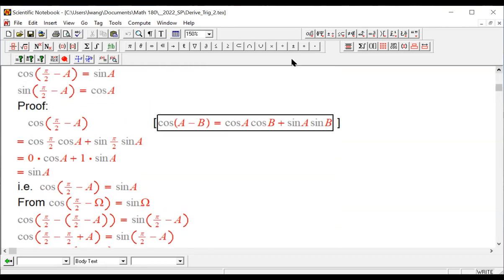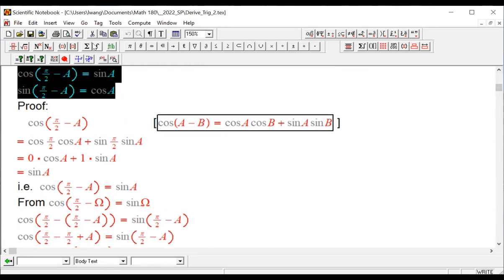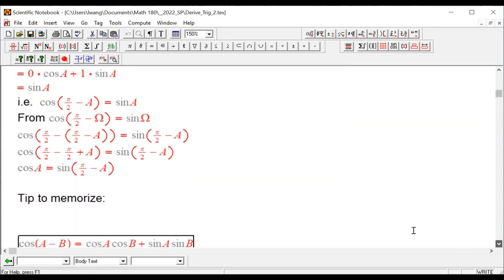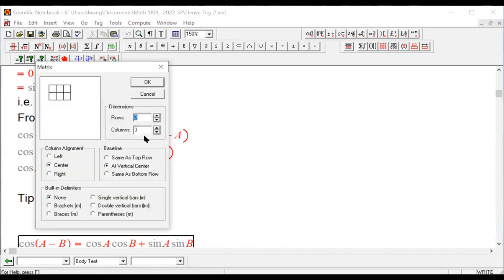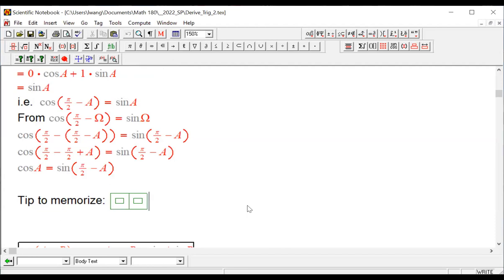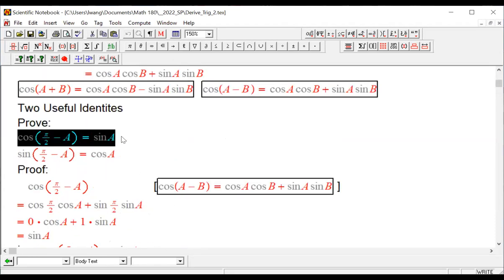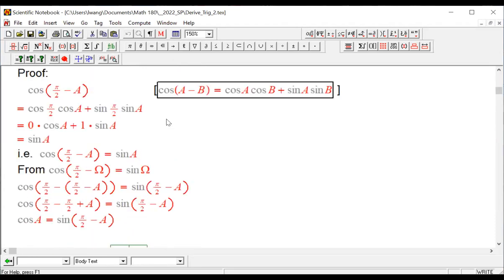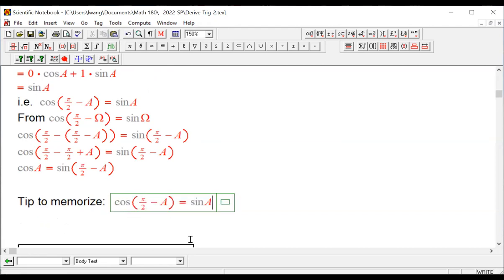Okay, and I'm going to put them in a table, one for each. So this one and that one.